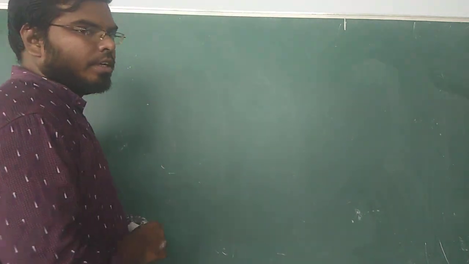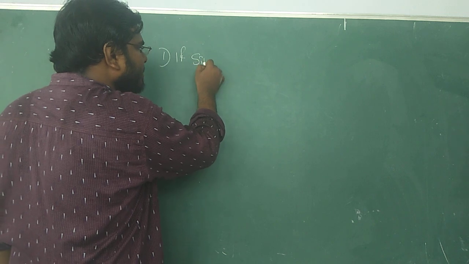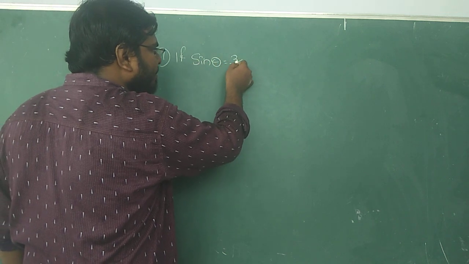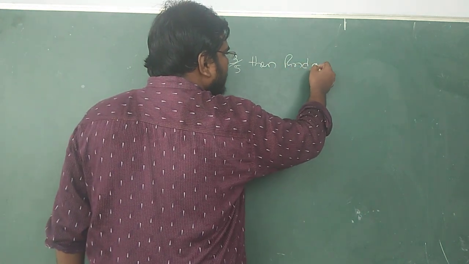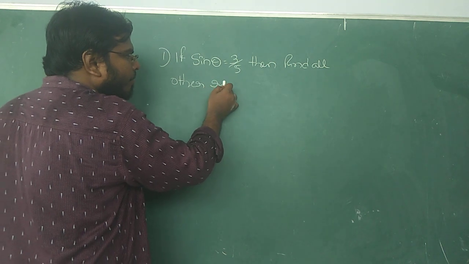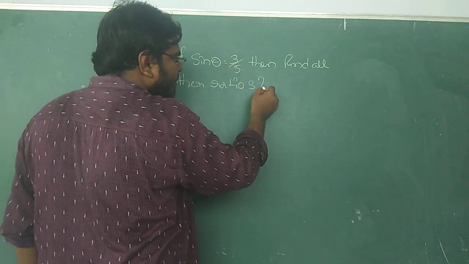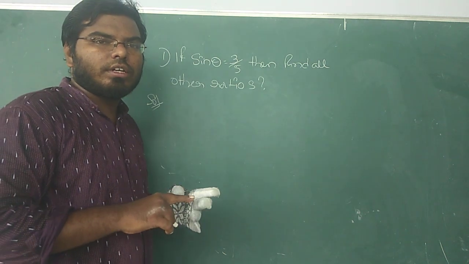Now listen, try to do some problems here. If sin theta is equal to 3 by 5, then find all other ratios. That means we have to find cos, tan, cot, sec, cosec.